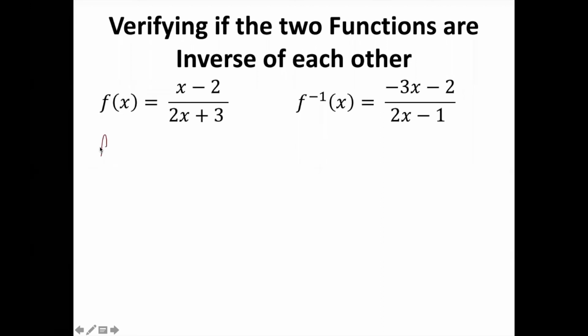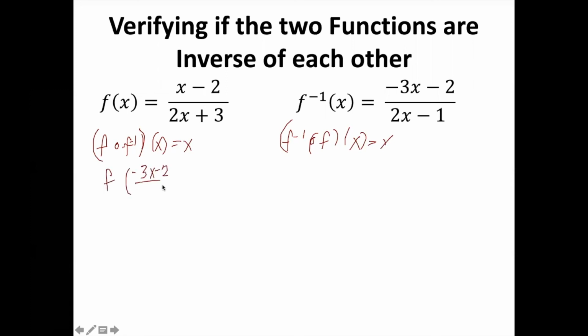So this is f composed with its inverse, x equal to x, and the composition of the inverse and the function of x equals x. So this means f of the inverse is equal to x. So we replace x with the inverse. It should be equal to x.